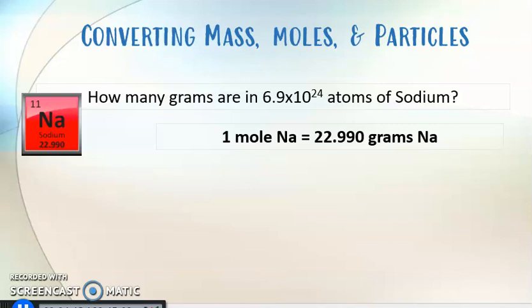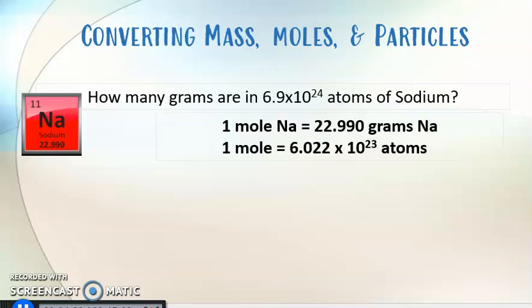That's the molar mass of sodium, the number found on the periodic table. The second thing that we do know is that 1 mole equals 6.022 times 10 to the 23rd atoms. Again, the smallest piece of sodium in this case is called an atom. An atom would be its representative particle.